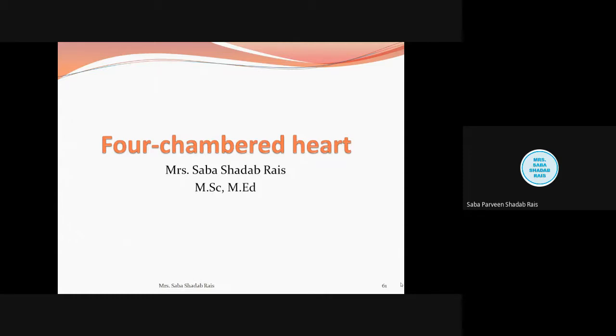Now the bird is of a higher order in evolution, so definitely there must be more and more advancement. Here the complete four-chambered heart will be present, and development will be much more advanced when you compare it with the typical reptilian heart, as well as the crocodilian heart.